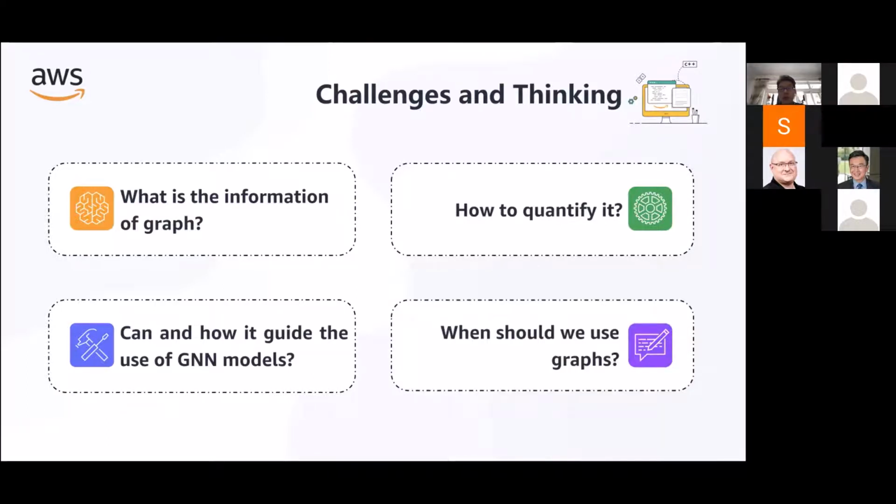And even the most fundamental question is, when should we use graph data instead of traditional tabular feature-based models? Actually, I get this question quite often from the customer side, because I need to answer this.